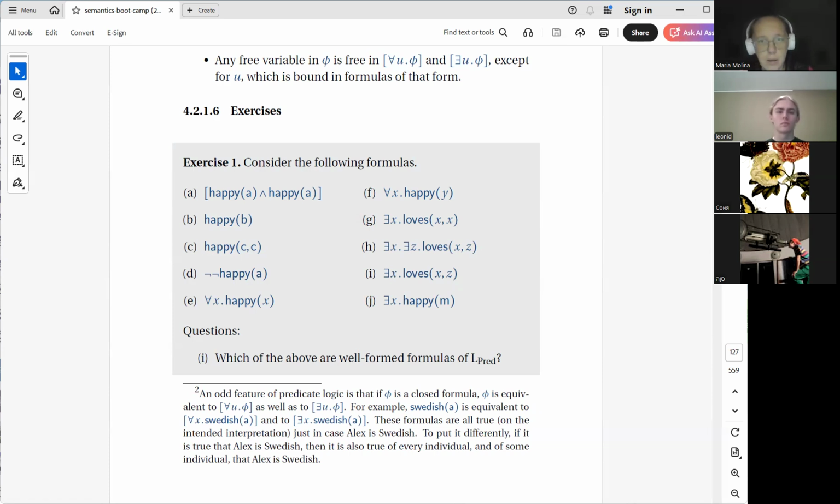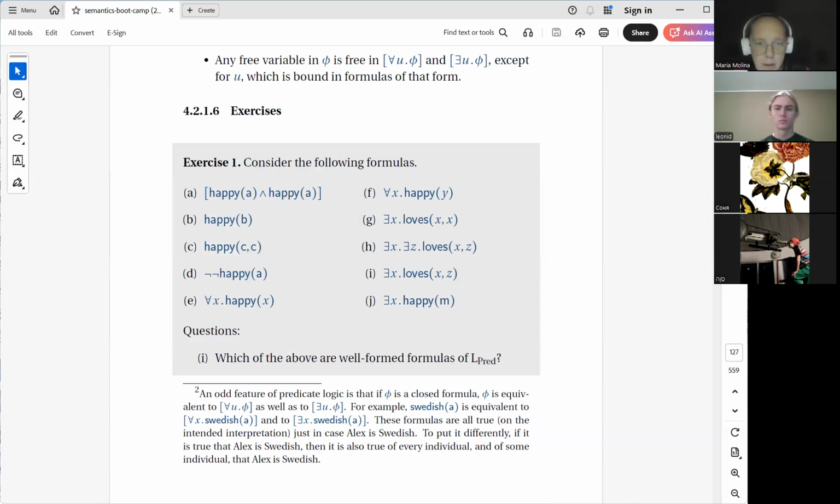Happy B is a well-formed formula. And C, I suppose no, because happy is a unary predicate, it is not binary. Yeah, I agree.